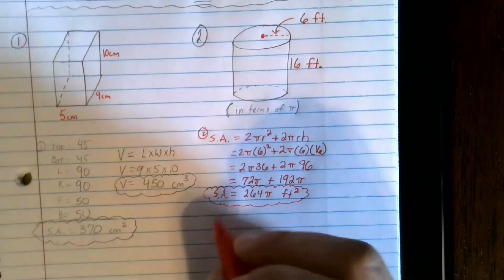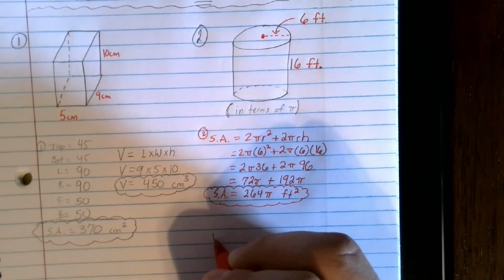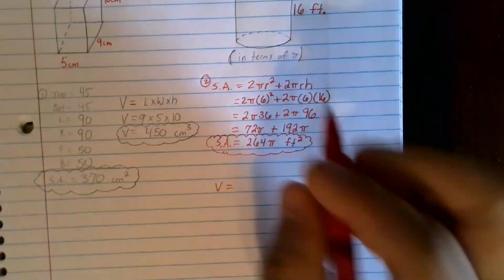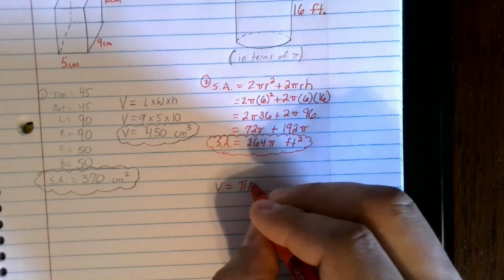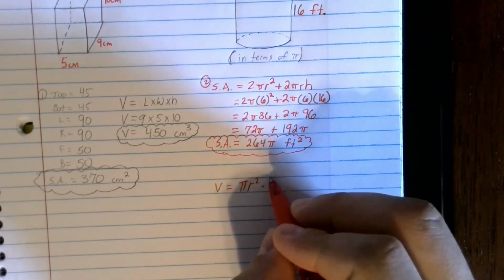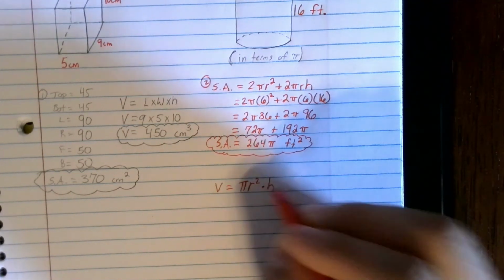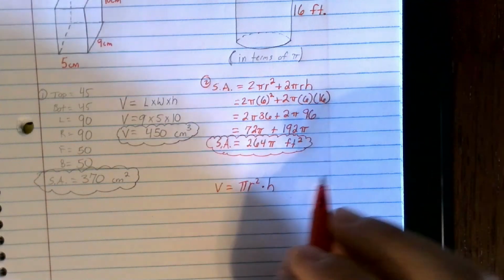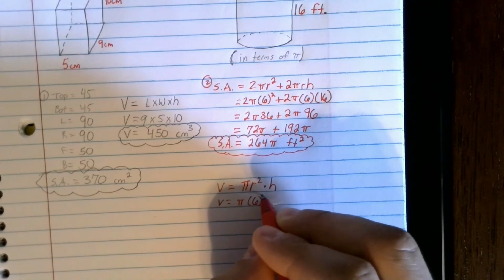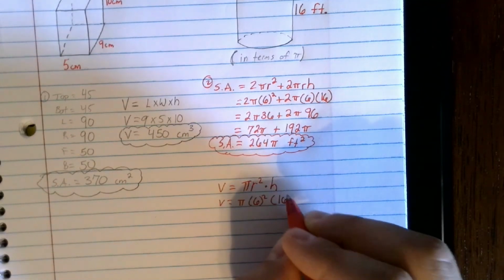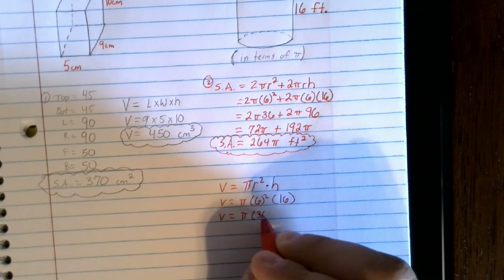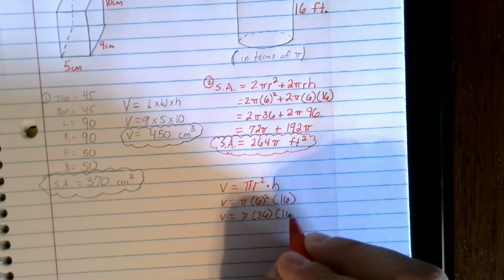For volume, the volume formula for a cylinder is pi r squared, which is the area of the circle, times the height, the distance between the two circles. So we plug in pi times 6 squared times 16. Do the exponent first: pi times 36 times 16.